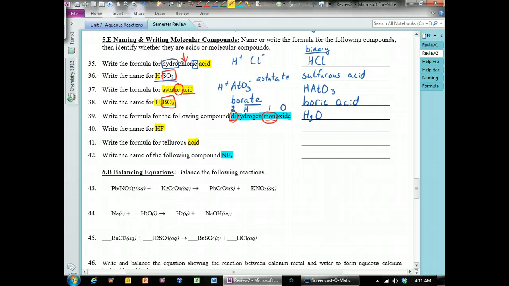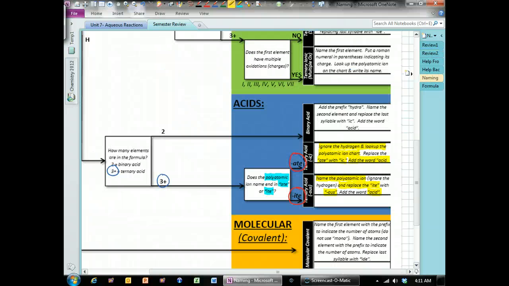HF is an acid because it begins with H. So when we go to the flow chart, there's only 2 elements here. So we're going to end up in the binary section for naming acids. And it just says add the prefix hydro.